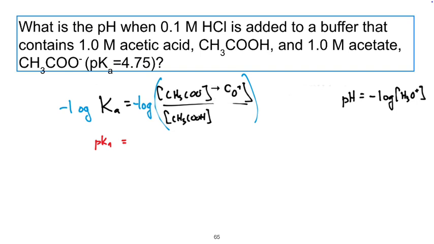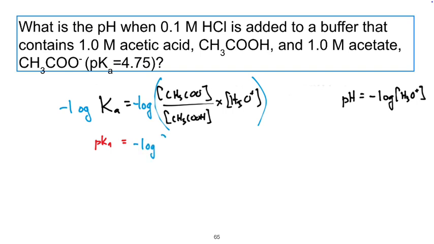And then I'm going to do one more simplification. Why should I do that? The log can distribute. How does it distribute?